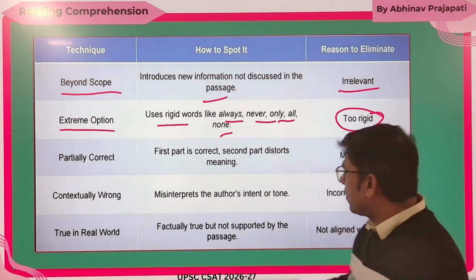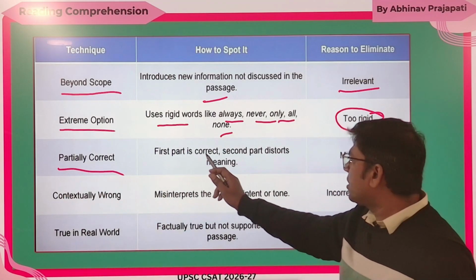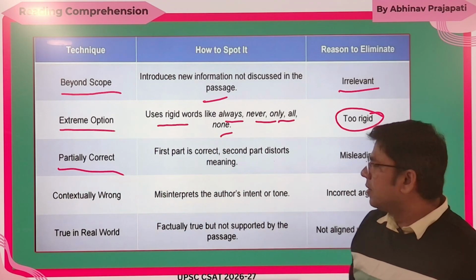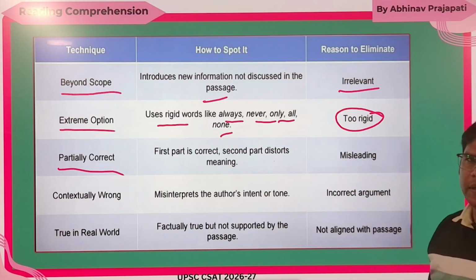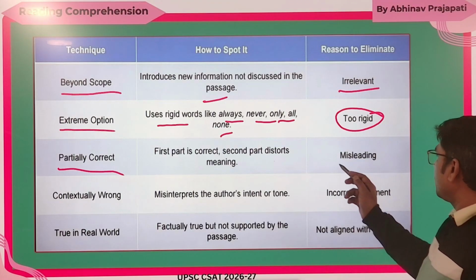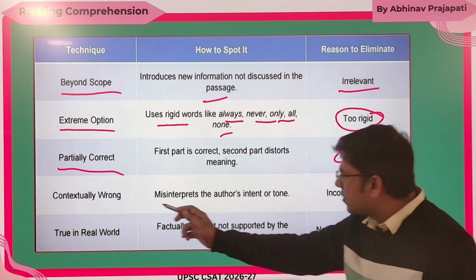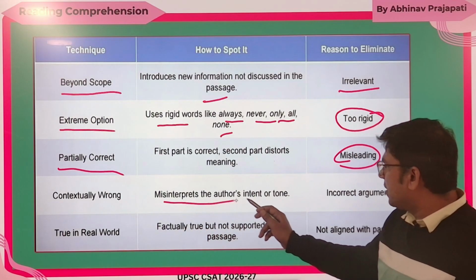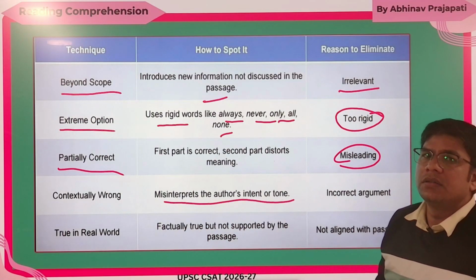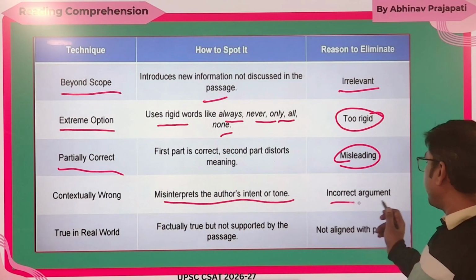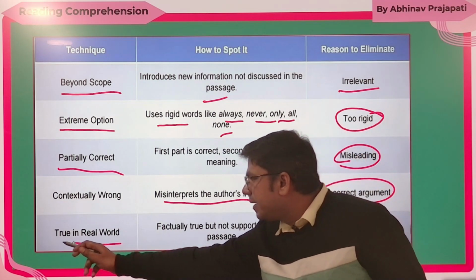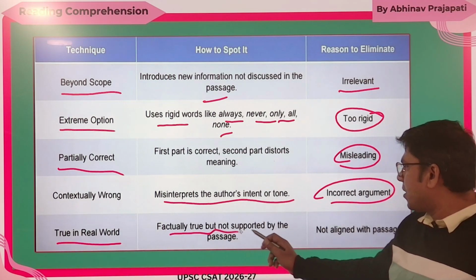Partially correct option: the first part is correct and the second part is not, which distorts the meaning of the passage and is misleading. Contextually wrong option: it misinterprets the author's intention and core idea. Incorrect argument: true in the real world, factually true, but not supported by the passage.